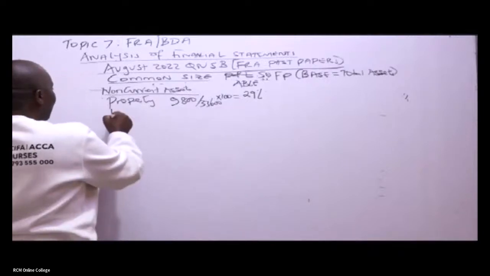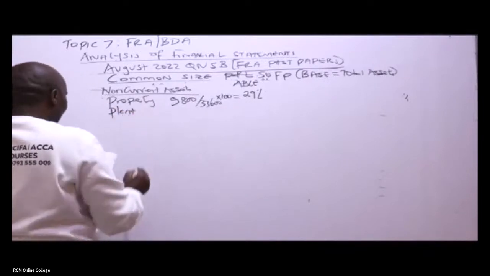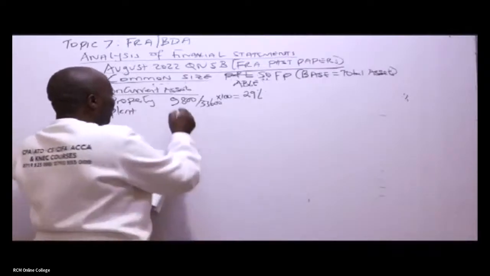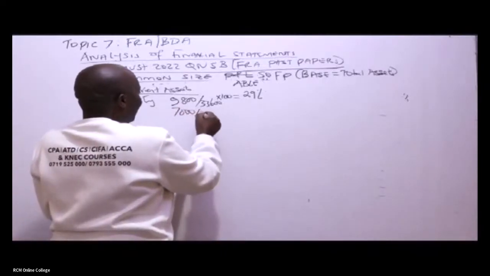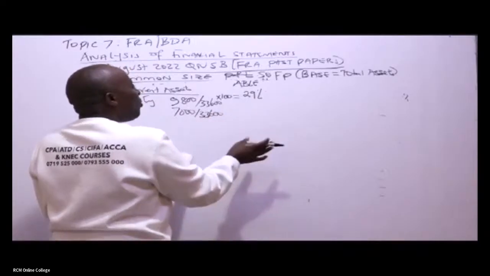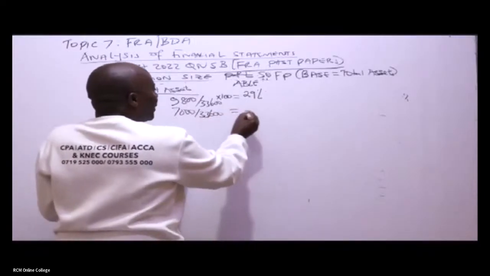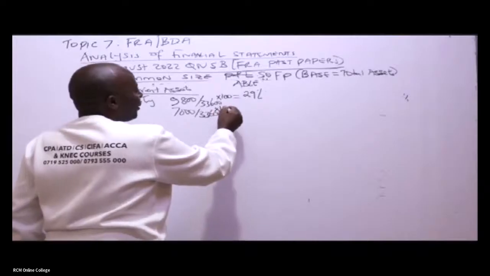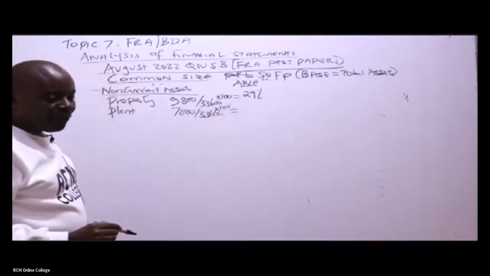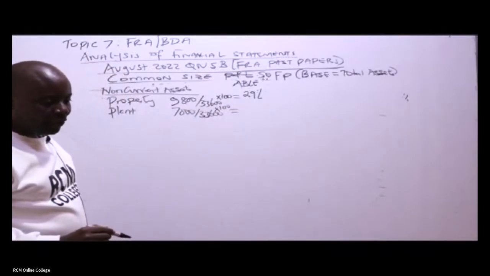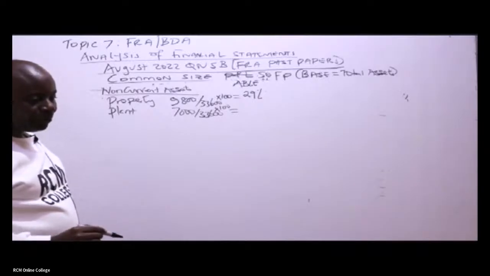Then get to the second item here. We have plant. So plant, I can see there 7,000 divided by 33,600, which is the common baseline, times 100. Give me a figure there.